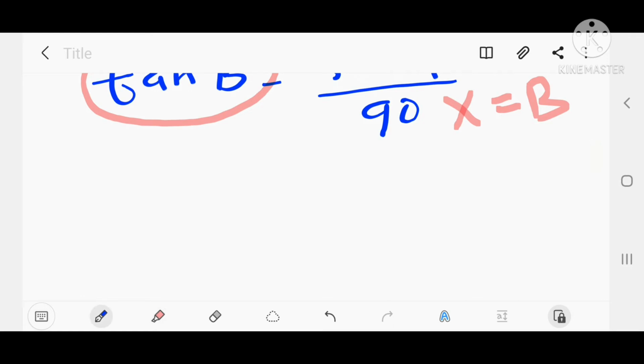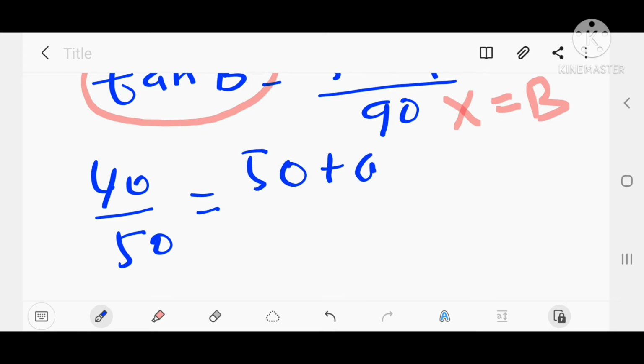So we have 40 on 50 equals 50 plus a on 90.